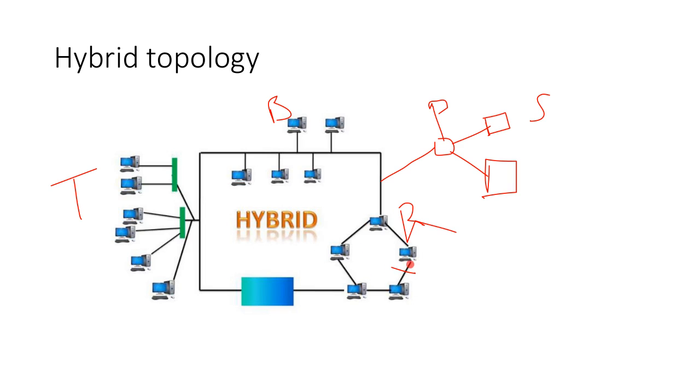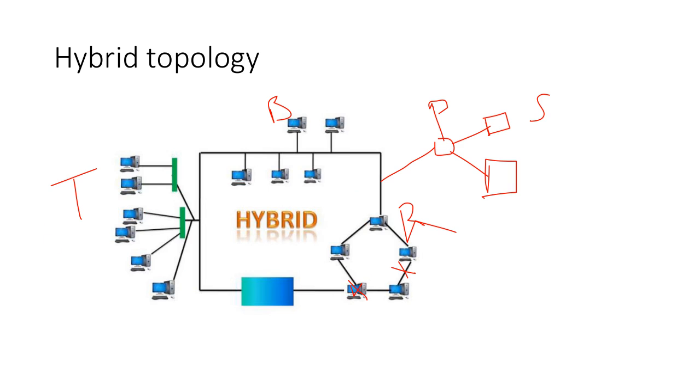Let's say there is a breakage of this link here. It will not affect the functionalities of other devices here or networks. Let's say this computer breaks down. It is somehow independent on its own, so it will not affect the working or the functionality of the other parts of the network. So that's one advantage of the hybrid topology.